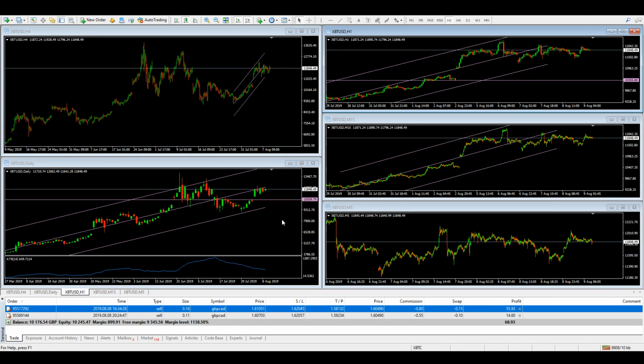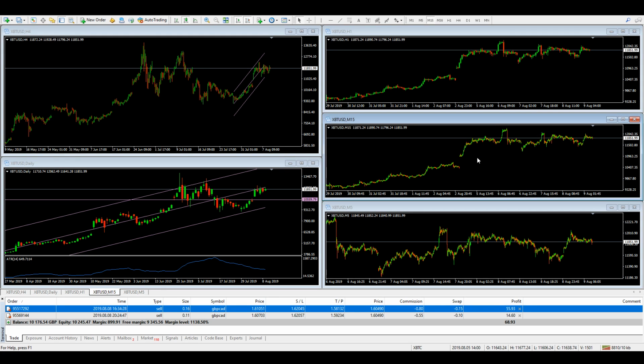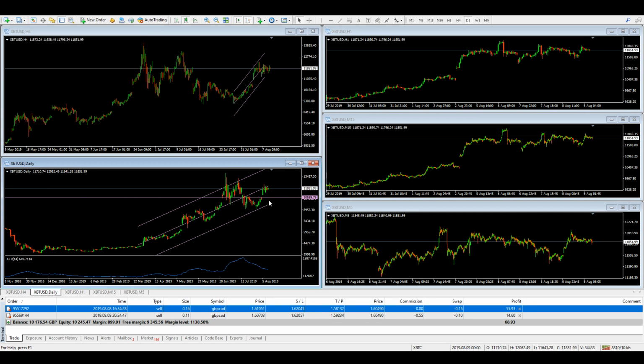And our old friend Bitcoin. Bitcoin looks like it's having some trouble around this level here, potentially flattening out. So let's just discuss this. So Bitcoin at the moment is definitely bullish overall, because if we look at the daily, we can see this movement up here, clearly making higher highs and higher lows.